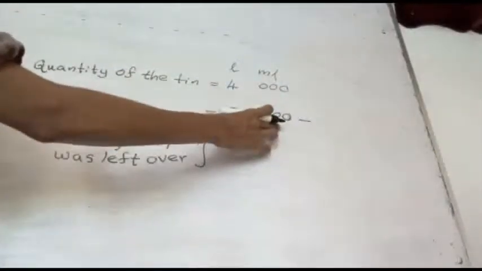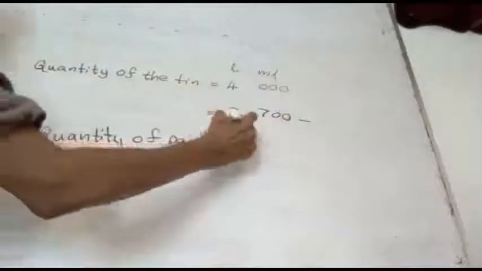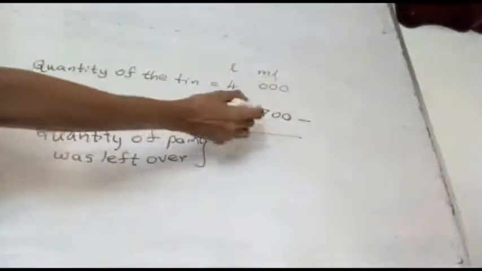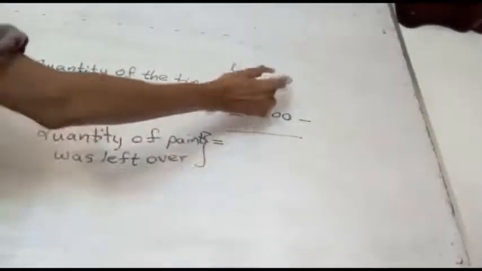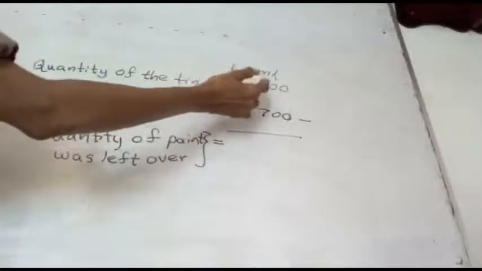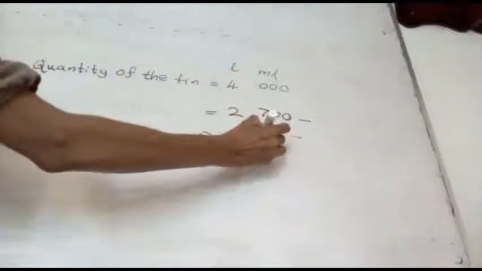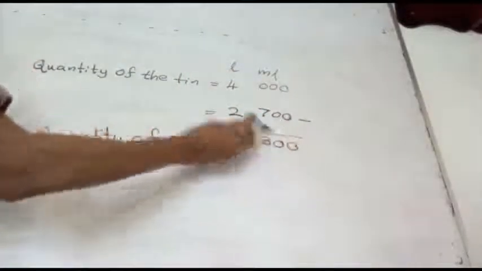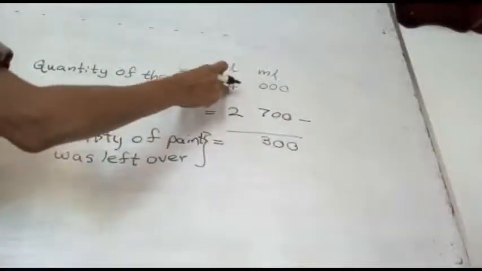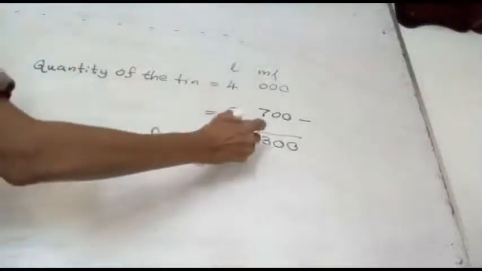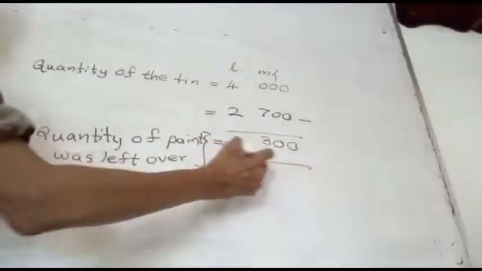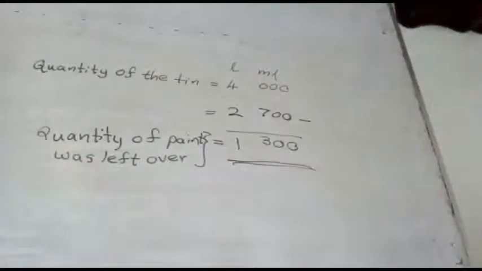We can't subtract 700 from 0. We take 1 liter here. It is equal to 1000 milliliters. 1000 subtract 700 is equal to 300. Here 3 is remaining. 3 subtract 2 is equal to 1. 1 liter and 300 milliliters is the answer.